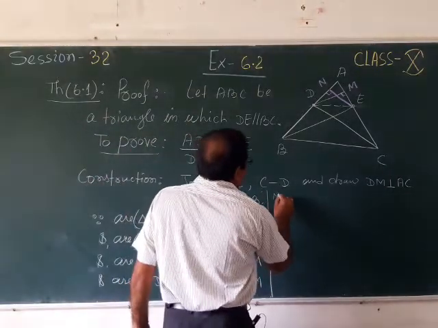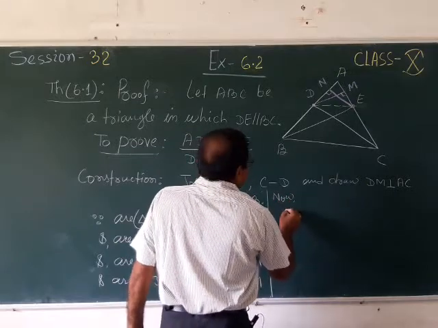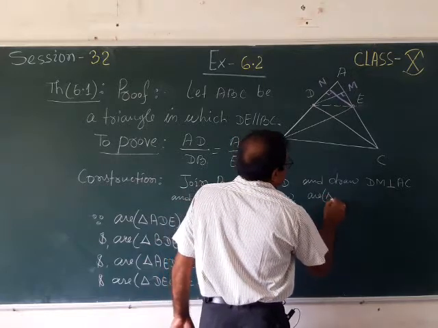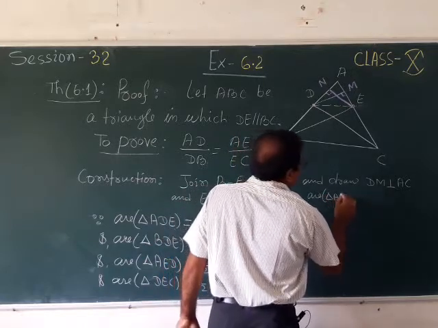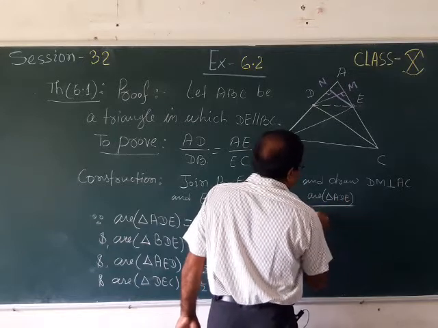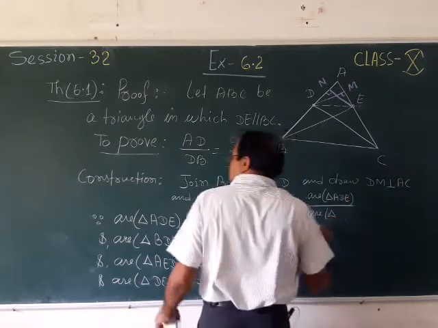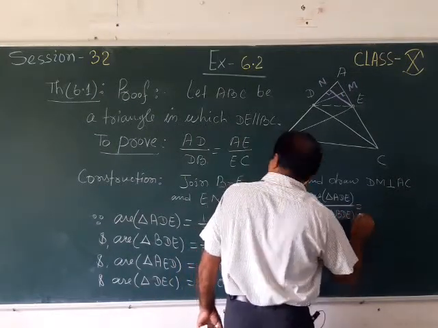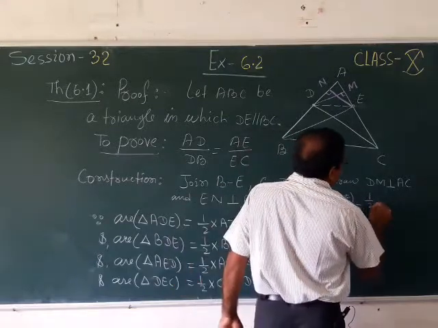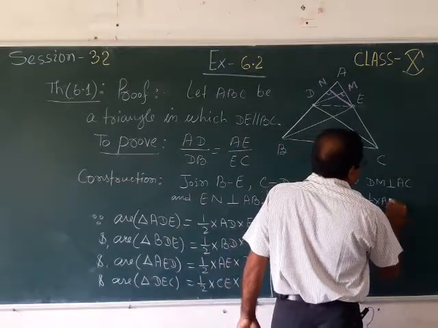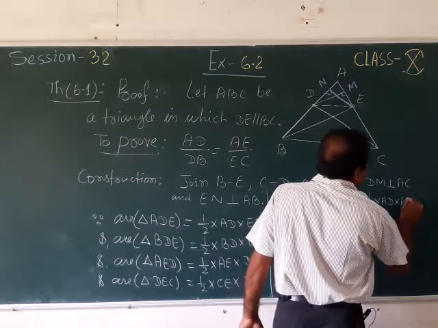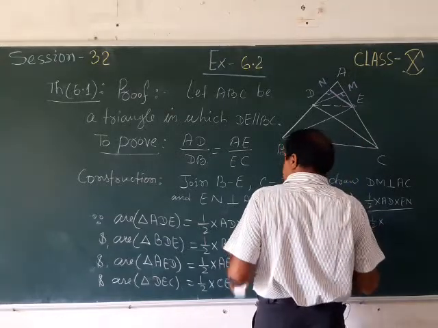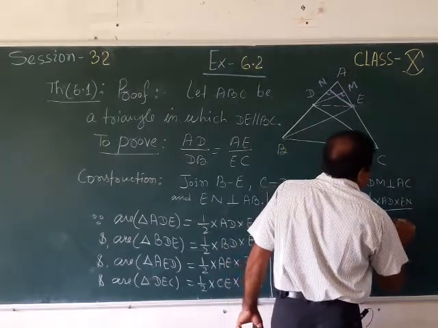Now area triangle ADE upon area triangle BDE is equal to half into AD into EN upon half into BD into EN.